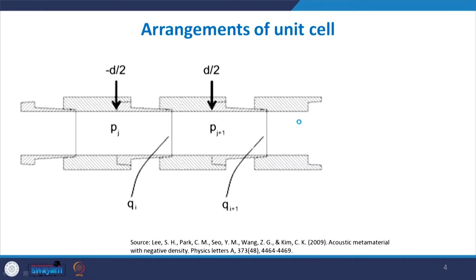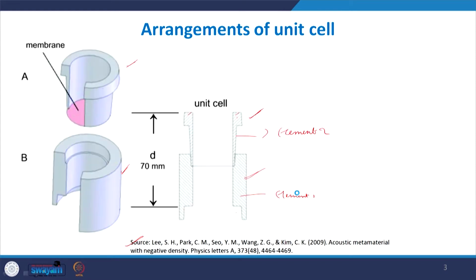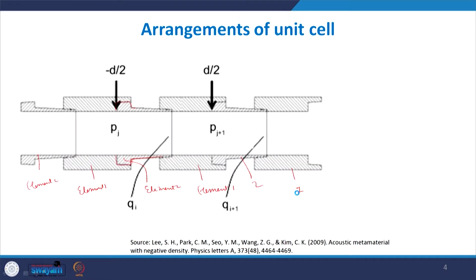You see here this is element 2, followed by element 1, followed by again element 2. As you can see here, element 2 starts somewhere here. Then we have element 1, 2 and then 1 and so on.